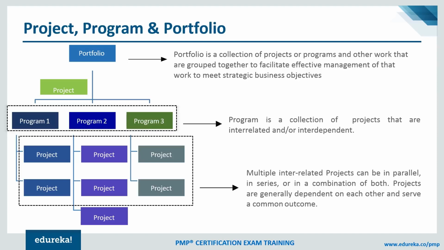It can be while selecting a vendor, or prioritizing your activity, whether you should focus on scope, time, or cost, which requires higher attention. These are very important areas for a project manager to understand.